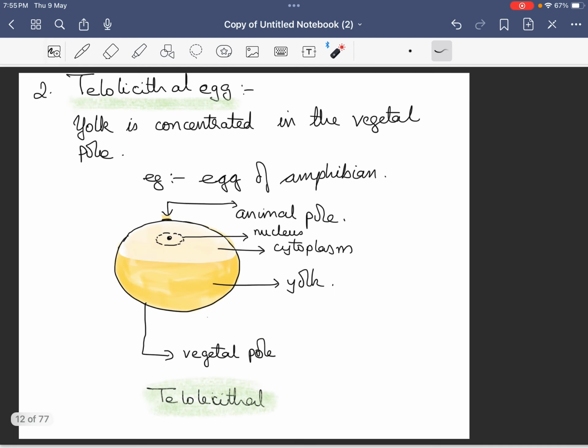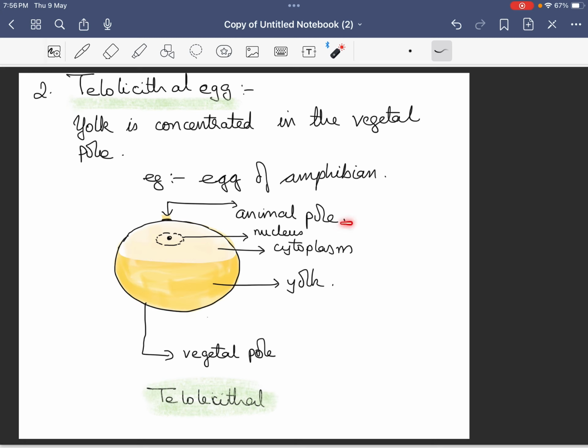The second category of egg on the basis of distribution of yolk is telolecithal. So telolecithal will resemble your mesolecithal because they have a moderate amount of yolk, and this yolk is seen to be concentrated towards the vegetal pole. That is a key point. You can see the egg yolk is distributed to which region? Vegetal pole.